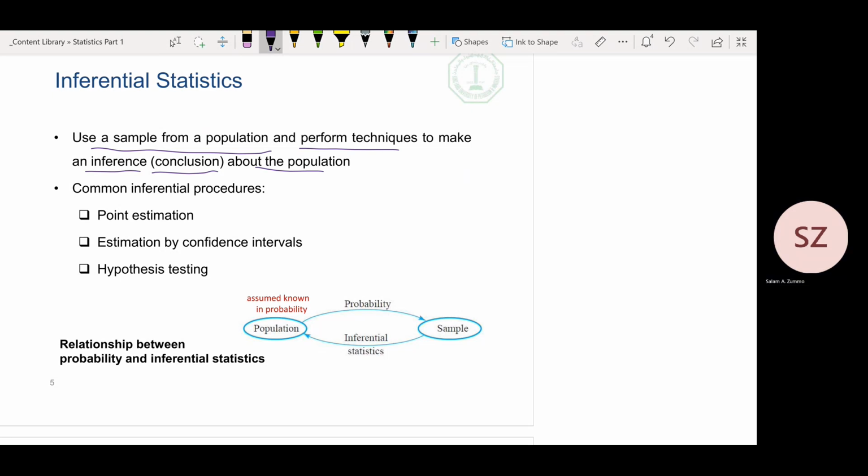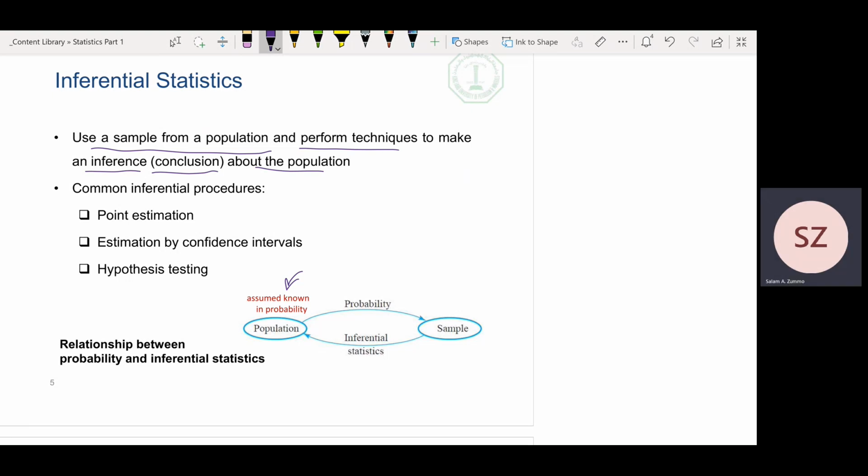Okay. So basically, what we do here in inferential statistics is the opposite of what we did in probability. In probability theory, we assume we have access to the population and we know everything. So I know that it's an exponential distribution with certain parameters and everything.